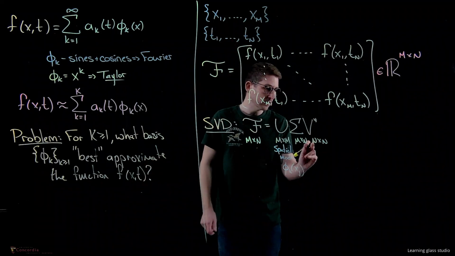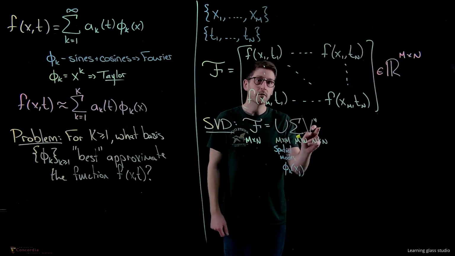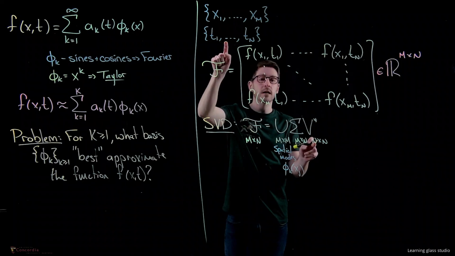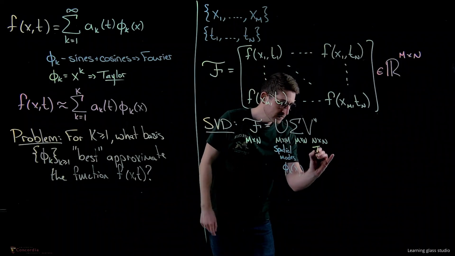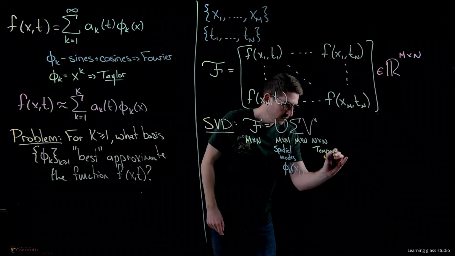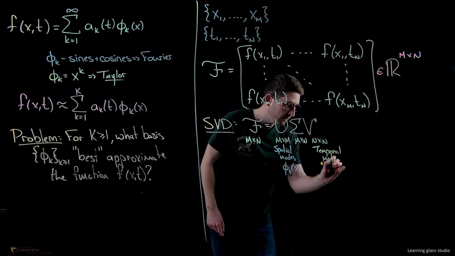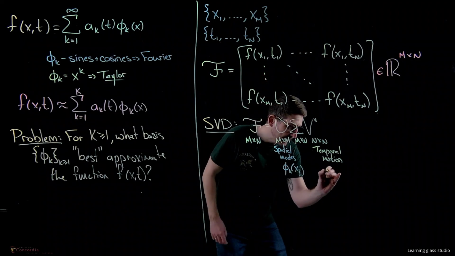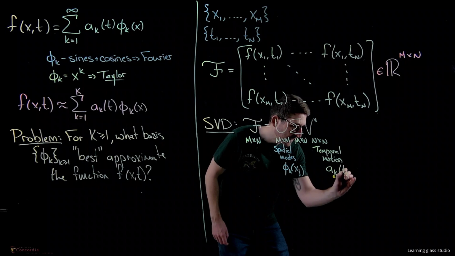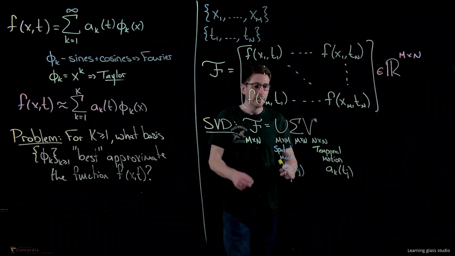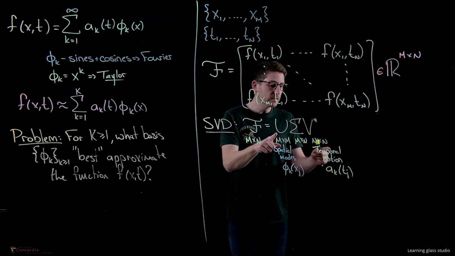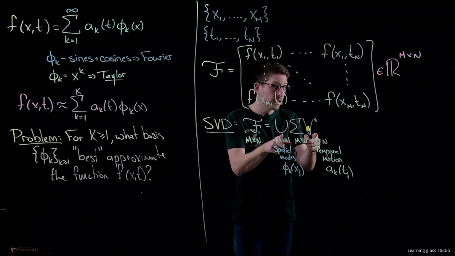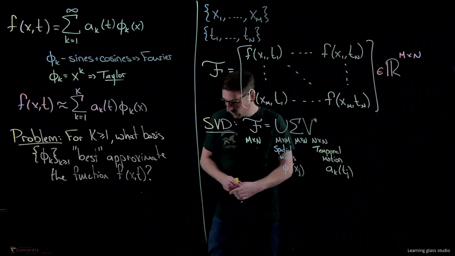Similarly, if you take a look at the size here, each column of the matrix V is n-dimensional. That's the same size as time. This is temporal motion. This is how each one of those spatial modes moves in time. It is the a k evaluated at each time point. And the first column of U moves in time according to the first column in V. Second column in U goes with second column of V, so on and so forth.